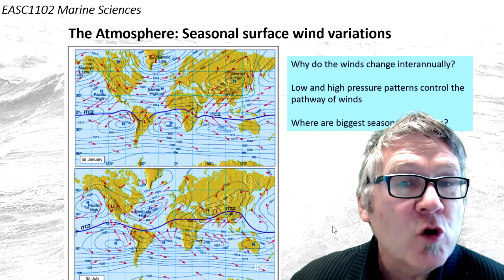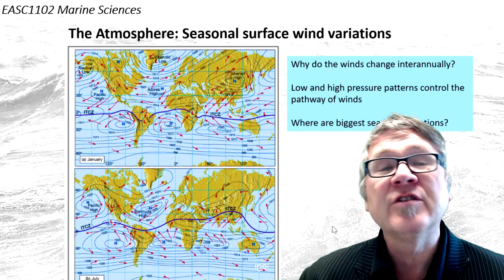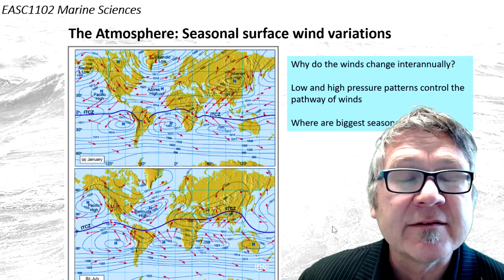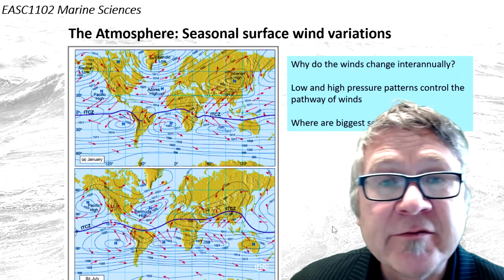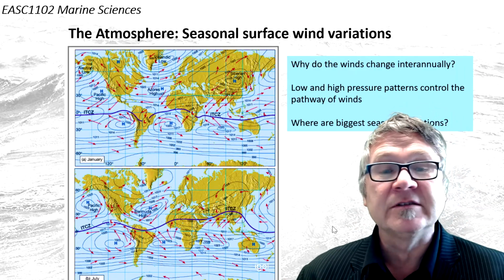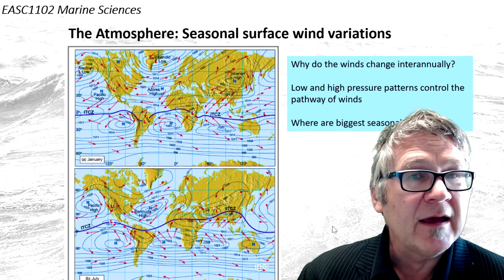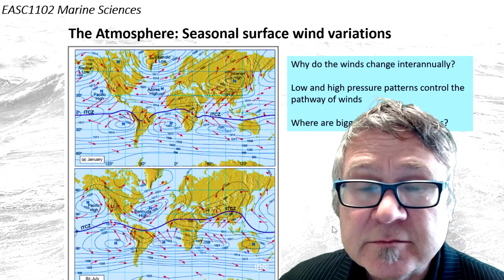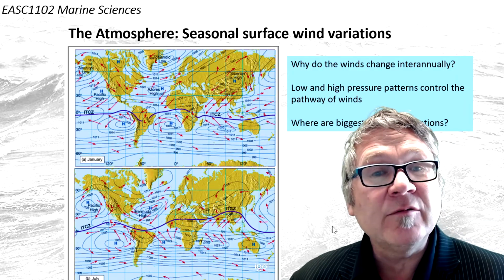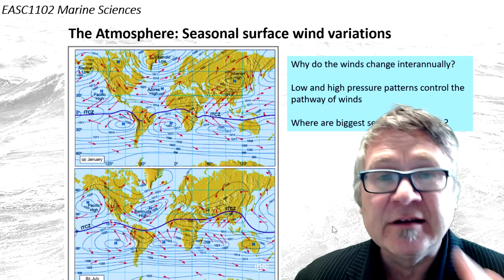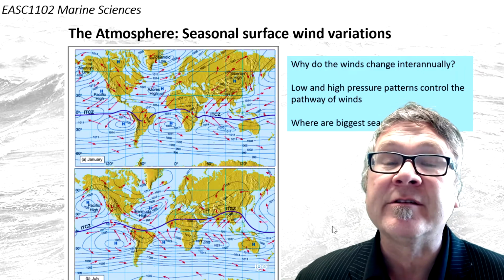Indeed, the true winds on Earth, the surface winds, are much more complex than shown in these simplified diagrams. And there are two reasons for it. One is we have unevenly distributed continents, and the other reason is we have a tilted Earth axis, which creates the seasons.